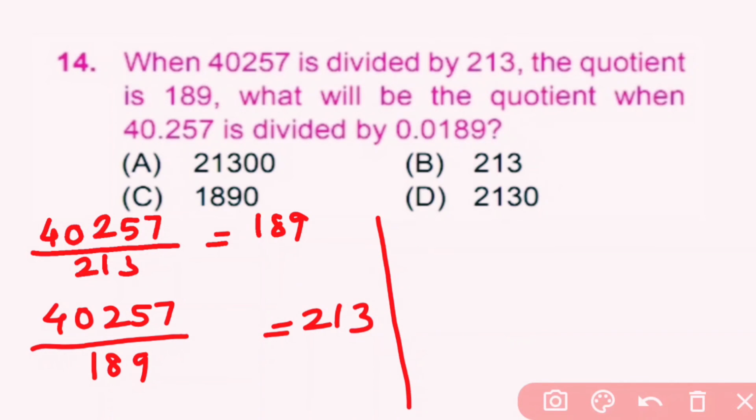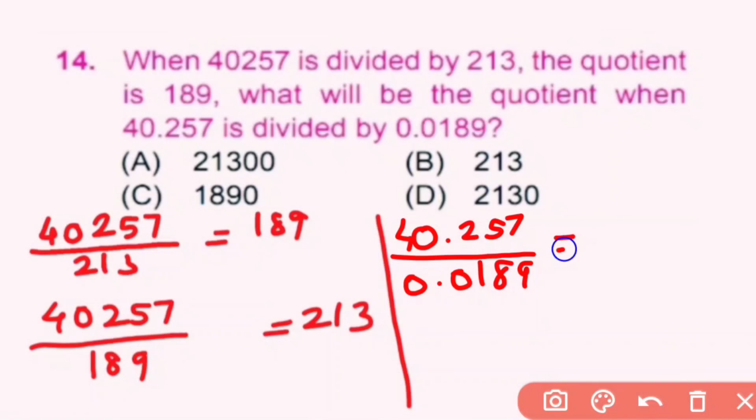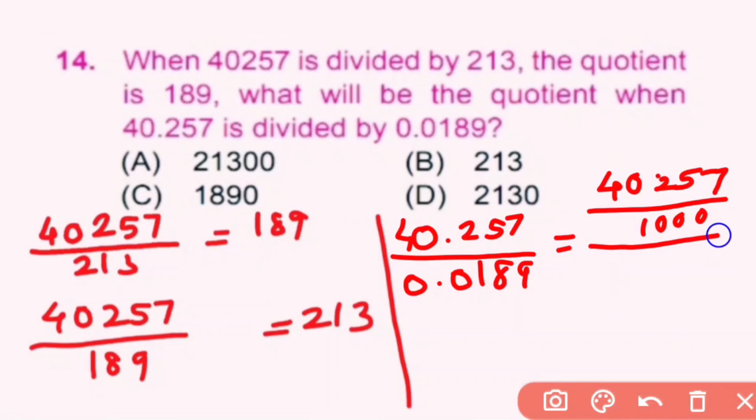And here we have to find the value of 40.257 divided by 0.0189. This means 40,257 divided by 1000 and 189 divided by 10,000.